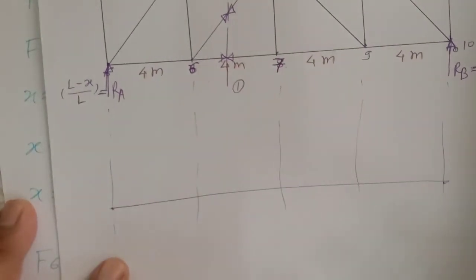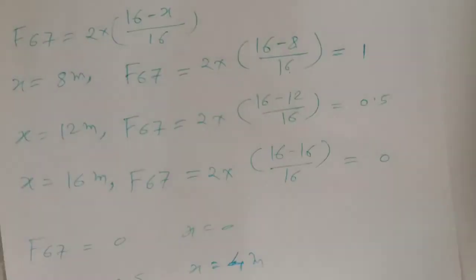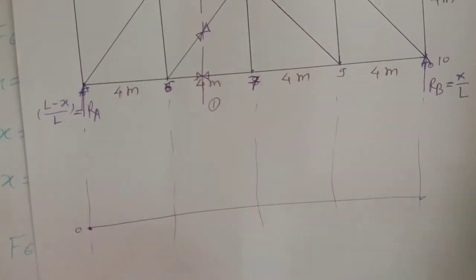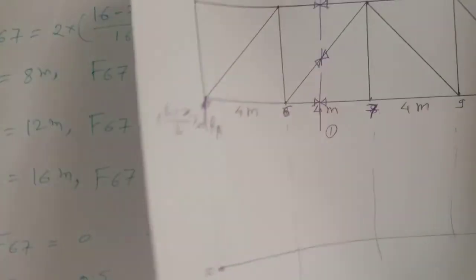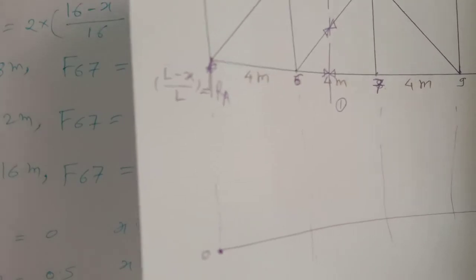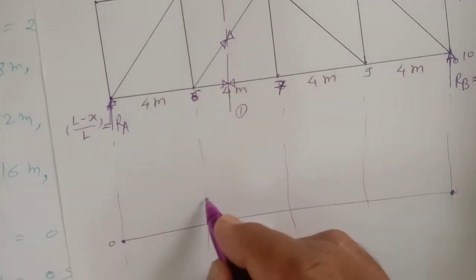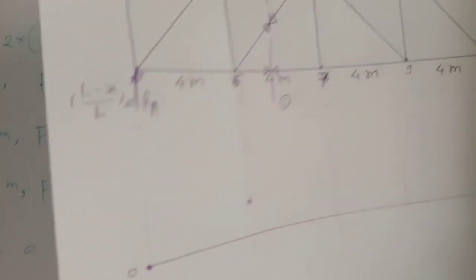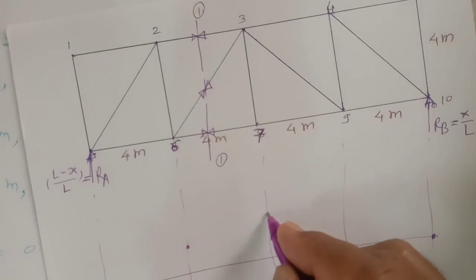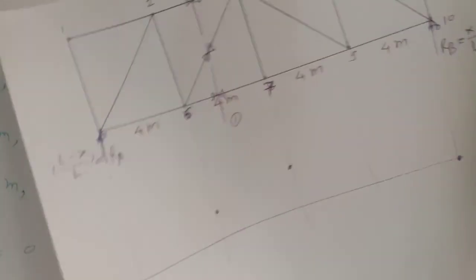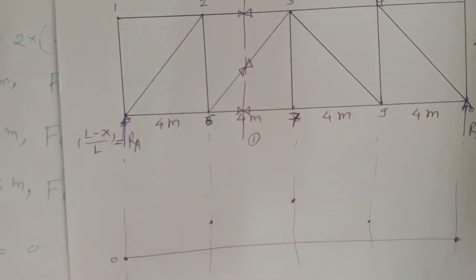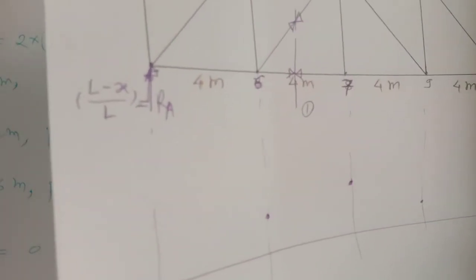So what is the force in the member? At x is equal to 0, it is 0, and at x is equal to 16, it is 0. When I put x is equal to 4 meter, it is 0.5. When I put x is equal to 8 meter, it is 1. When I put x is equal to 12 meter, it is 0.5, and when I put x is equal to 16 meter, it is 0.